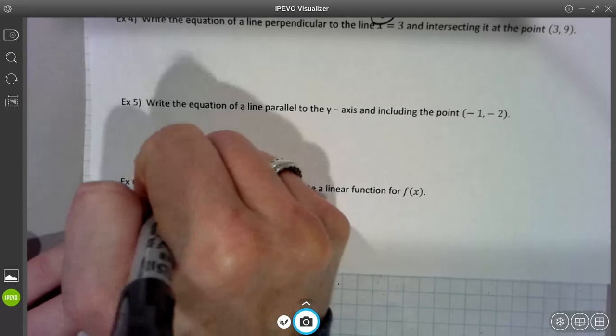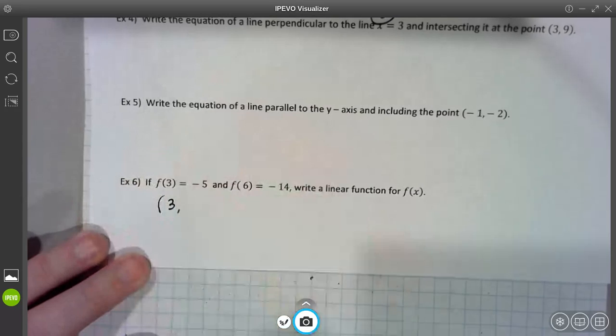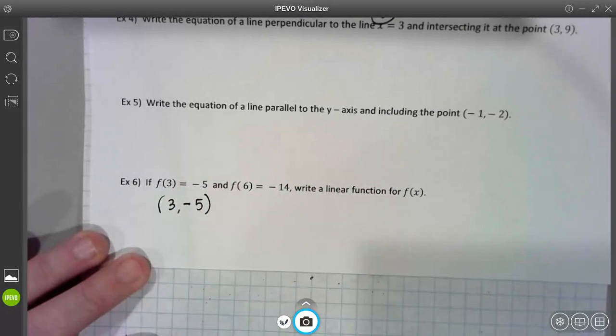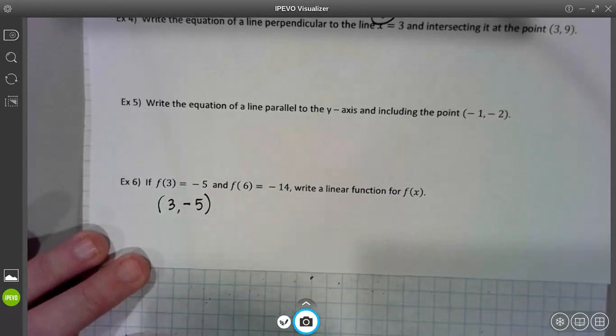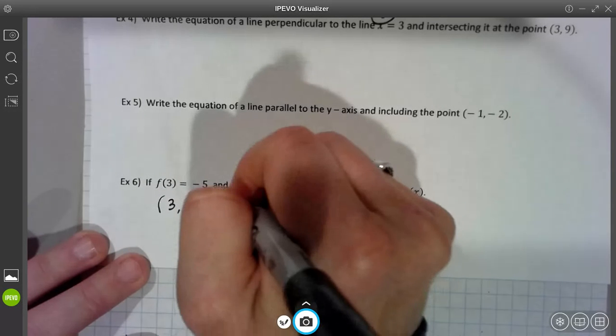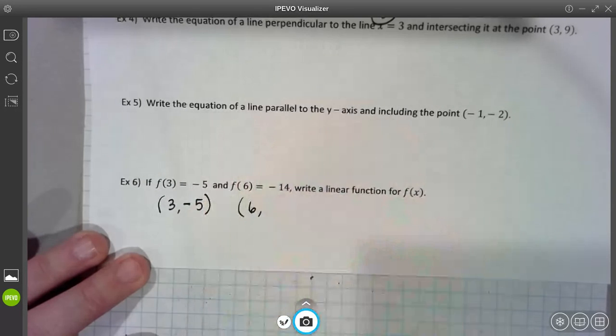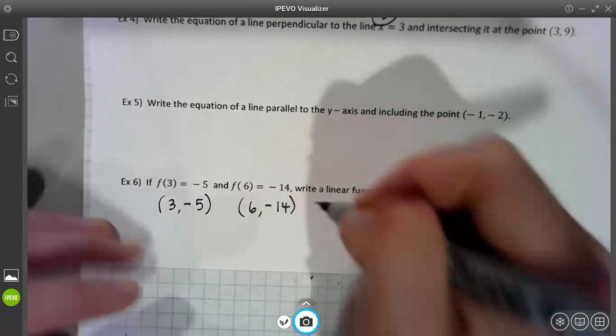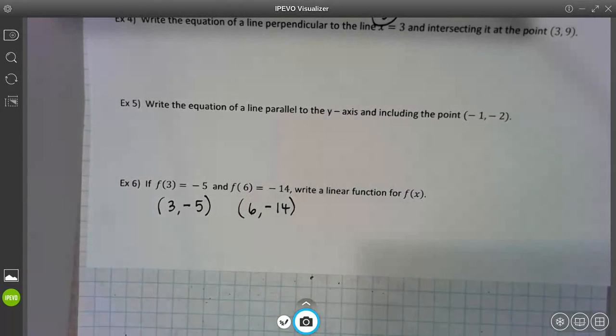So that means that 3 went into the function as X and negative 5 came out of that function as Y. So you have an ordered pair, 3, negative 5. Not negative 6. 6 went into this function as X and negative 14 came out of that function as Y. So you can take any function notation and rewrite them as ordered pairs.